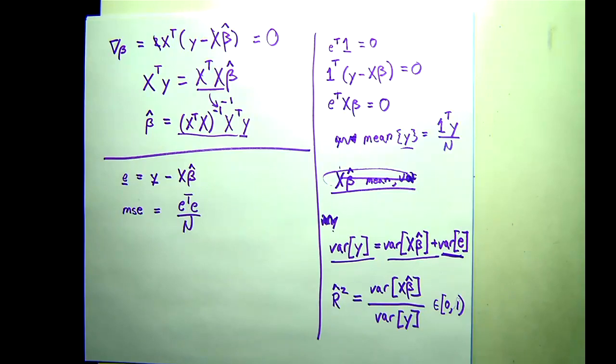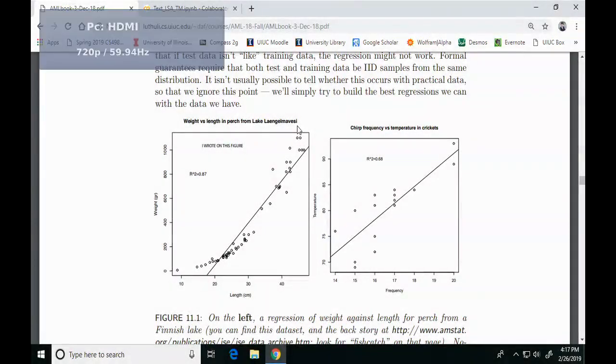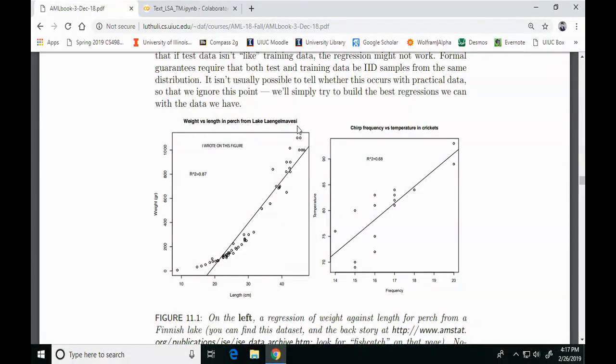So if we go to the book here, a couple examples. These are two examples we looked at the other day. Arguably, they're pretty good fits. Not great necessarily, but pretty good. Okay, so these are the two regressions we did the other day.